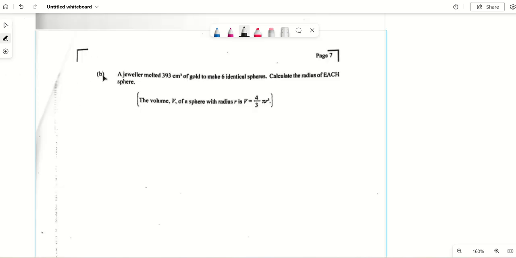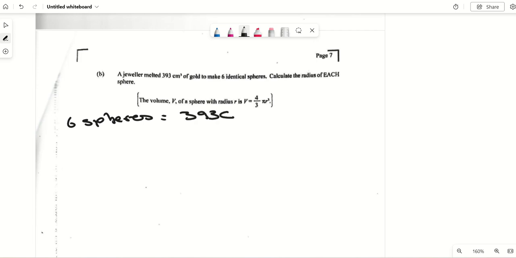They said part B, a jeweler melted 393 centimeters cubed of gold to make 6 identical spheres. So basically 6 spheres equals 393 centimeters cubed. Calculate the radius of each sphere.